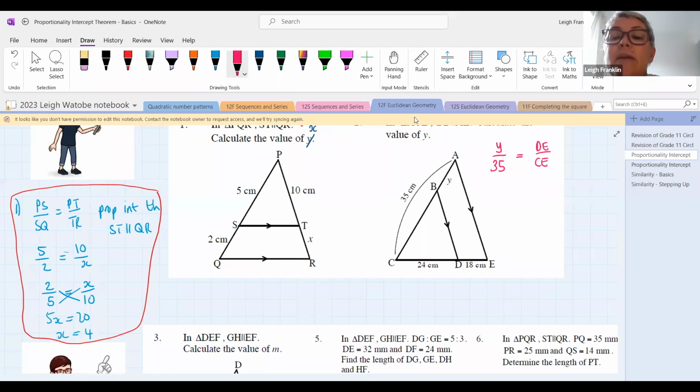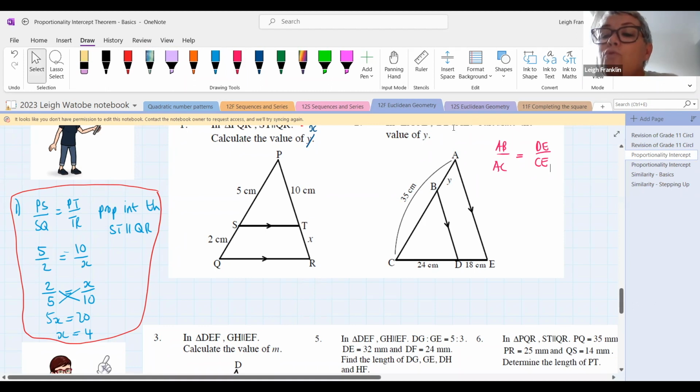Yes, and how I got CE was I added 24 and 18, since we wanted the full side. Yes, absolutely. So you ended up writing AB over AC is equal to DE over CE. Lovely. And then your reason, Luam?